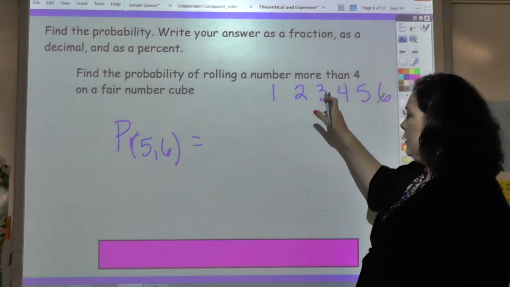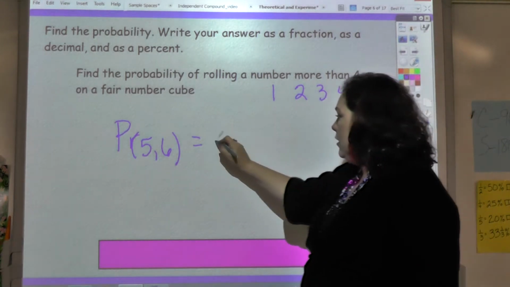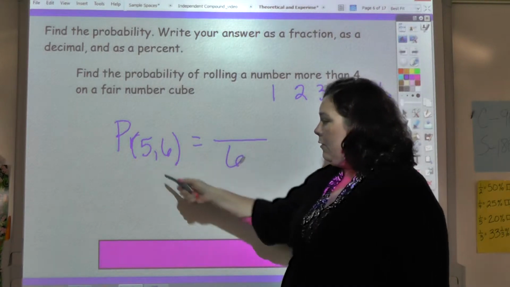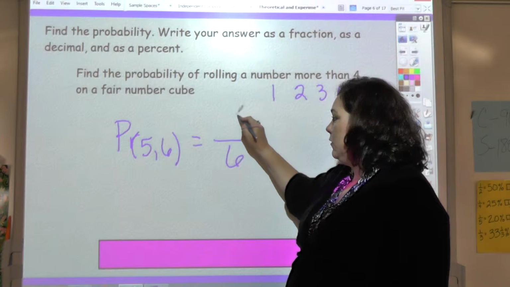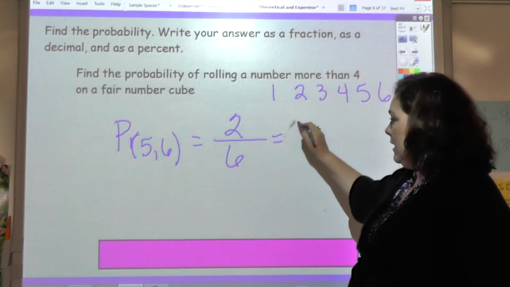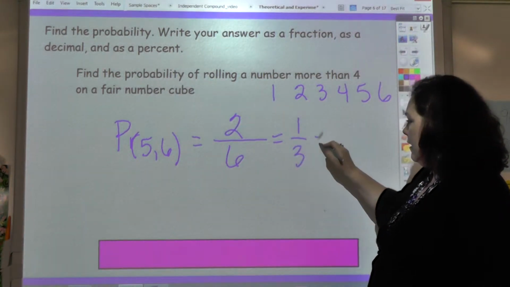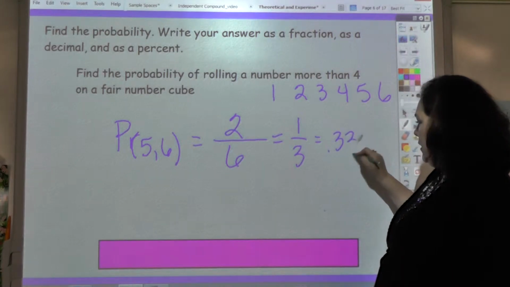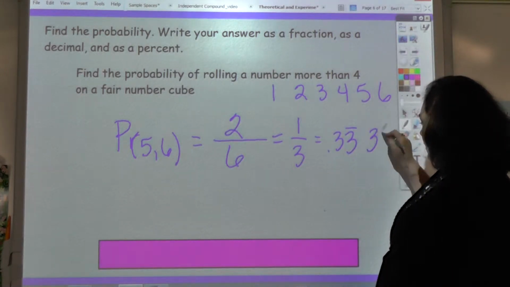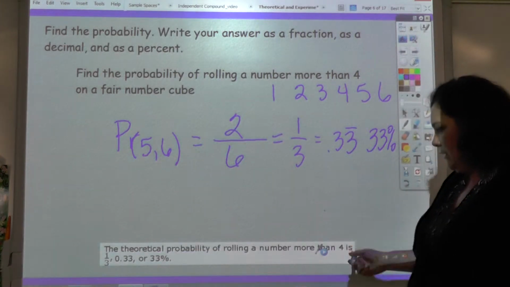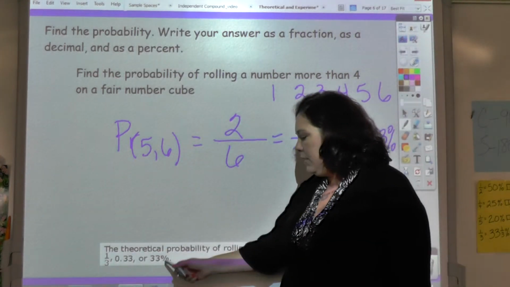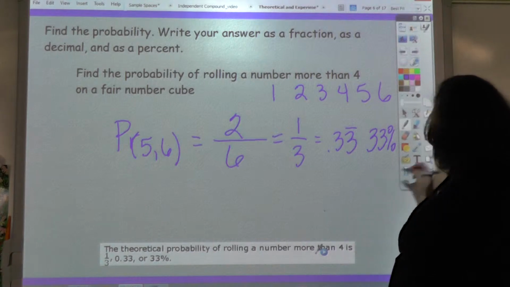I can get a 1, 2, 3, 4, 5, 6. So that's out of 6. Now I want either a 5 or a 6. So that is 2, and of course that simplifies to 1/3, and from your warm-up yesterday, you know that's 33 hundredths and 33 1/3%. So you've got 33 hundredths, 33% and 1/3.